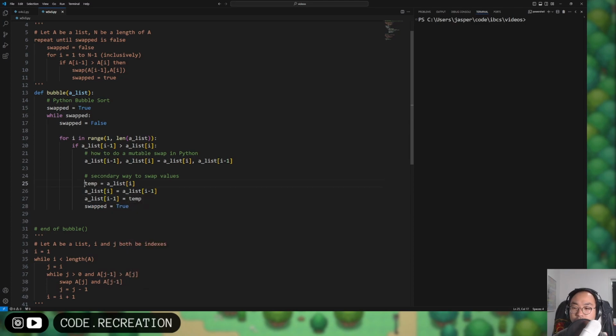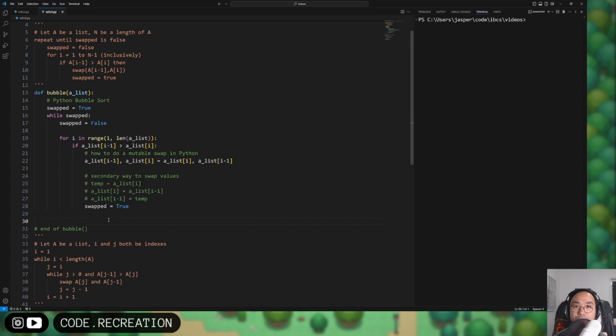So this would have been our secondary way to swap two values in place by using a variable called temp. You could have called it anything, or just a placeholder. This is how you can swap two values, but I'm going to turn that off.